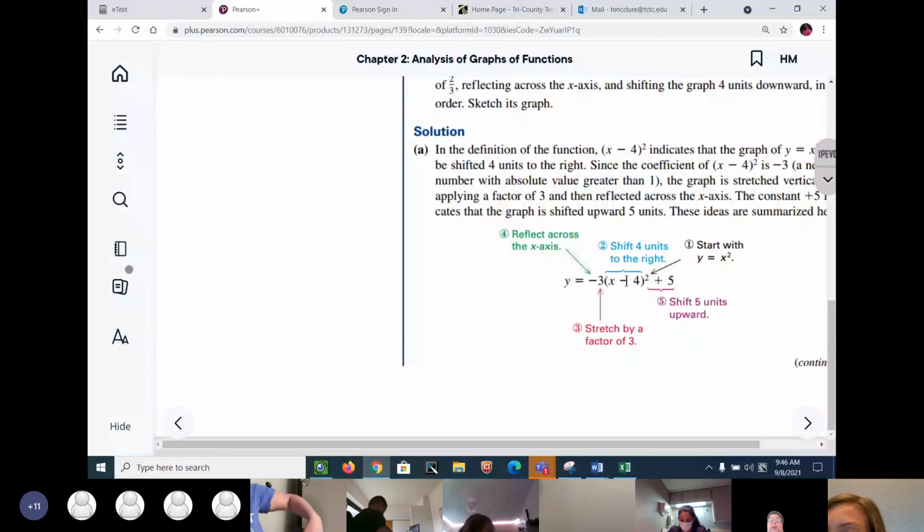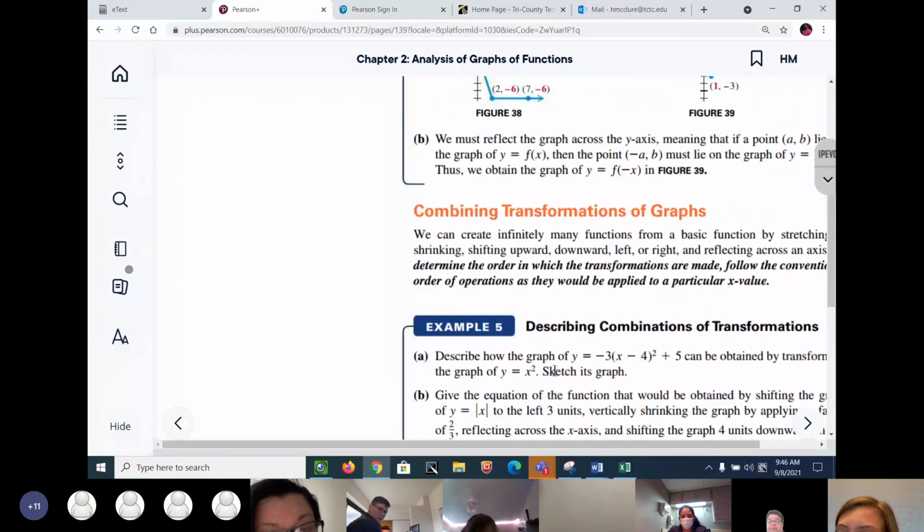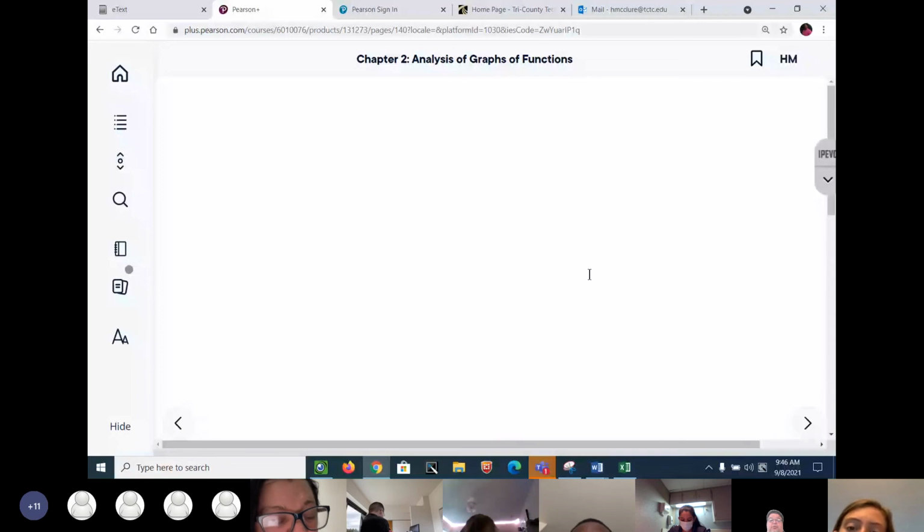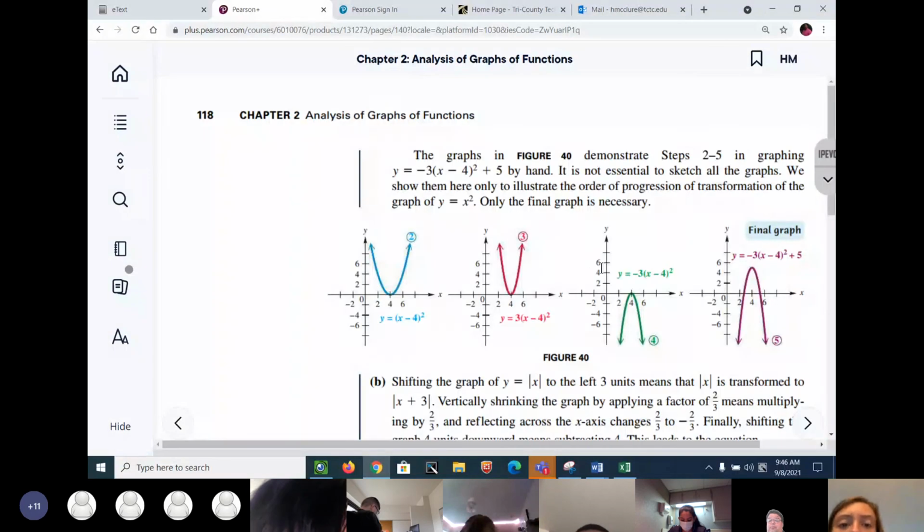Shift 4 units to the right, shift 5 up, stretch, and opposite direction. See? This is a piece of cake. And then they show you the same thing with absolute value if we ever get there.